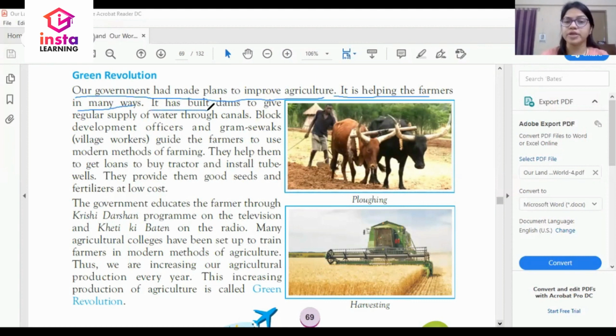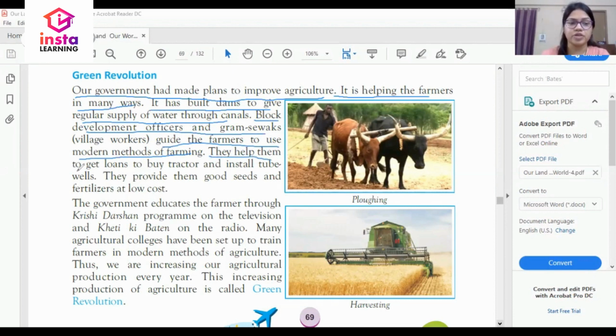It has built dams to give regular supply of water through canals. Block development officers and gram sevaks guide the farmers to use modern methods of farming. जो गांव में विलेज डेवलपमेंट ऑफिसर्स होते हैं और ग्राम सेवक होते हैं, वो फार्मर्स को मॉडर्न मेथड जो अभी चल रहा है फार्मिंग का, उसके लिए उन्हें गाइड करते हैं.